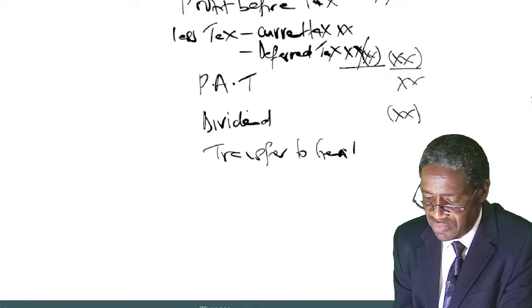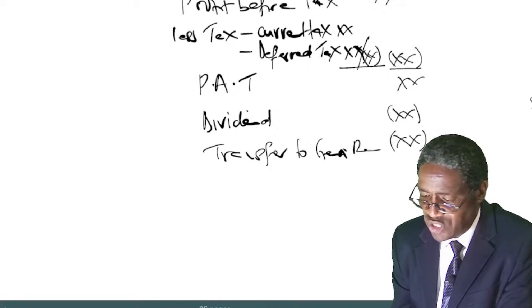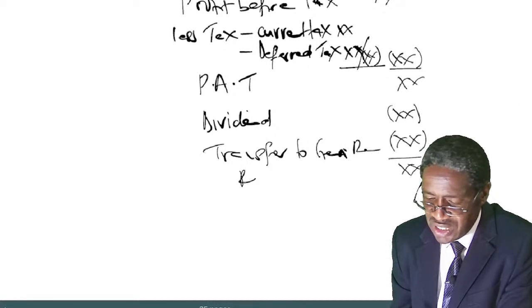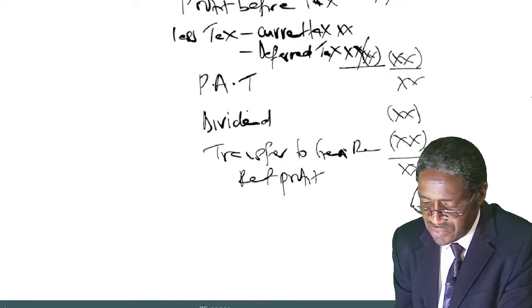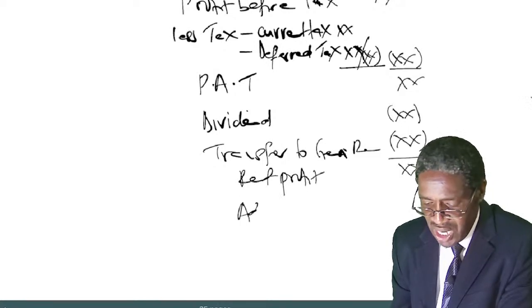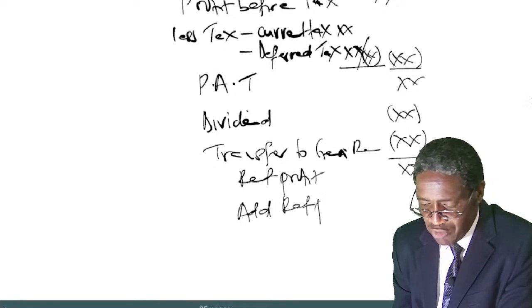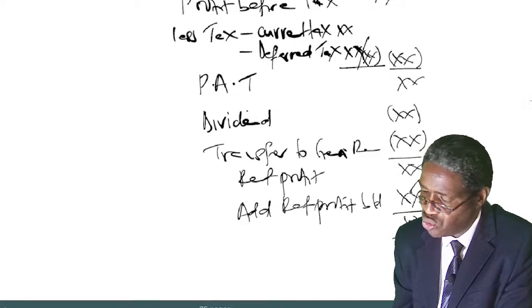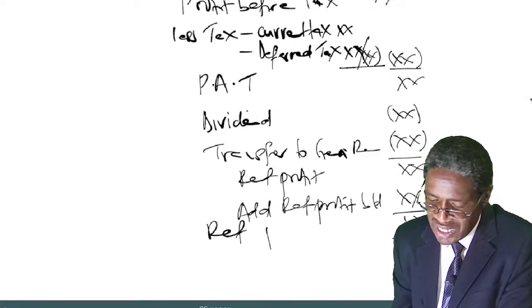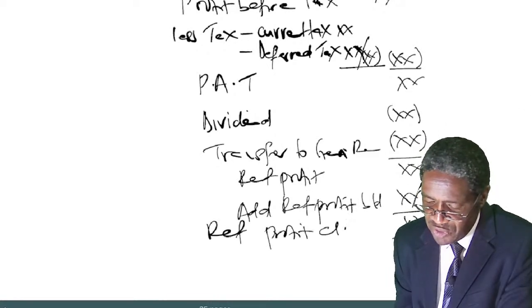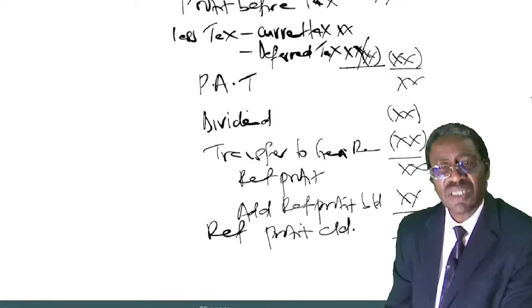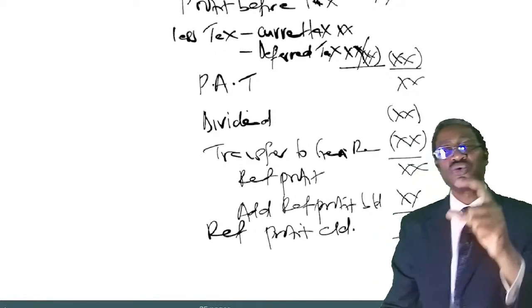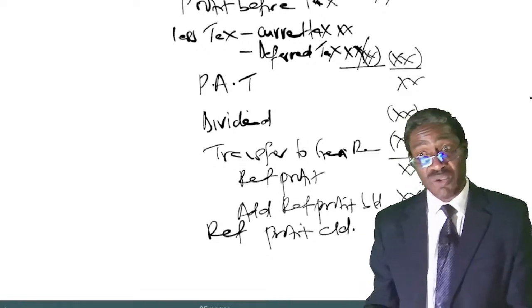You had to get what you called retained profit for the year, add retained profit brought down, and then get retained profit carried down. That's how you used to do it in financial accounting.